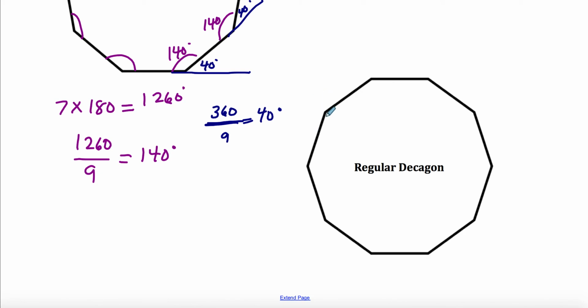The last shape here, a decagon, again, 10 sides. I could pick one common vertex and I could start drawing my triangles across, and I would end up with 8 triangles. So 8 times 180 gets 1440.